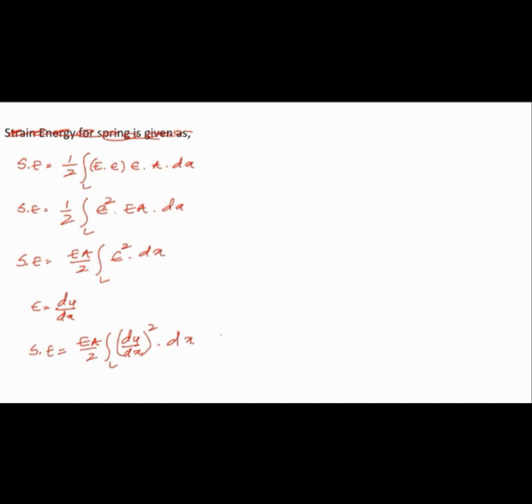So this is my entire strain energy. I'll take it as equation number 1. If I write this equation directly, you will be in confusion. Therefore, I have shown you how strain energy you get in the form of this equation.